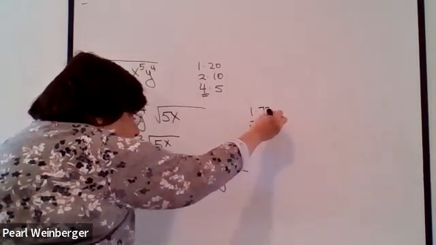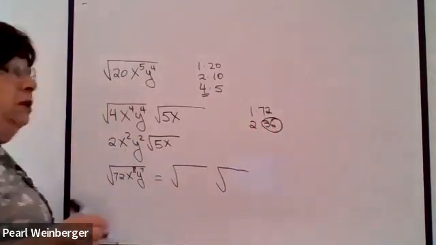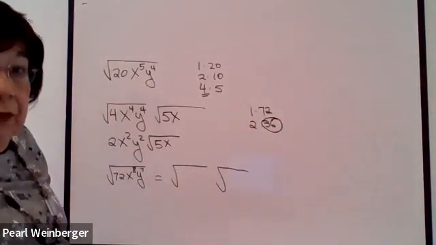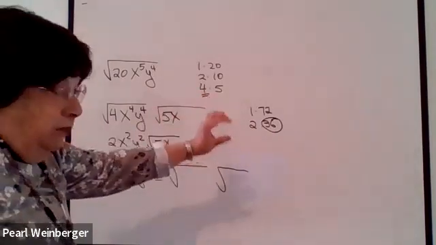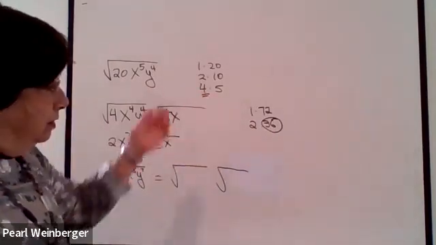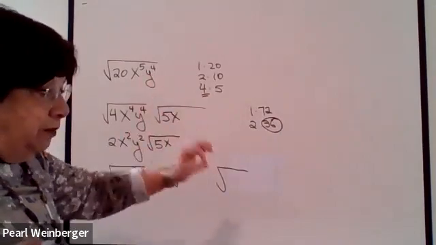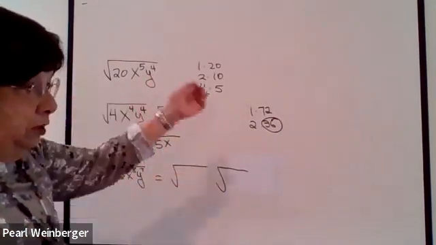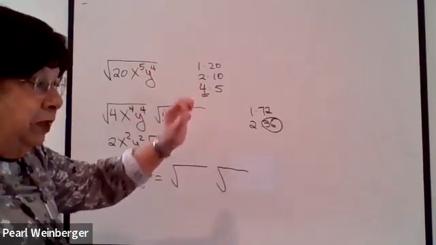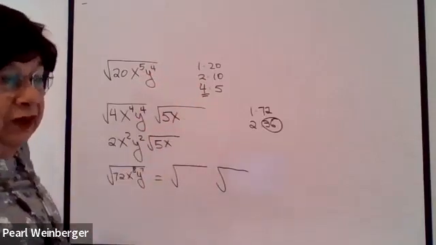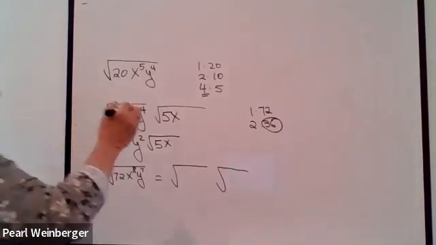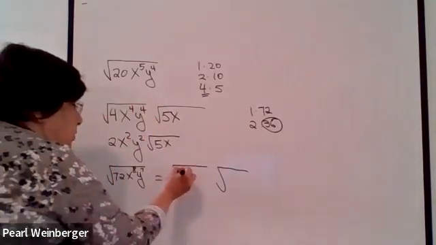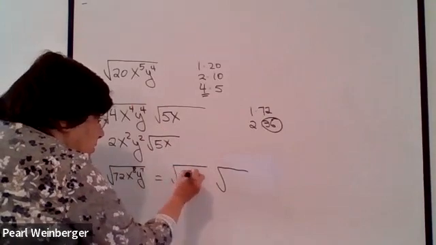And actually, I'm going to start right there because 36 is a perfect square. Try and make yourself a list, and if you have a calculator, you just divide it by 1, well, obviously you don't have to, by 2, by 3, by 4. See if any of those numbers give you a perfect square. So I'm going to break up the 72 into 36 and 2.